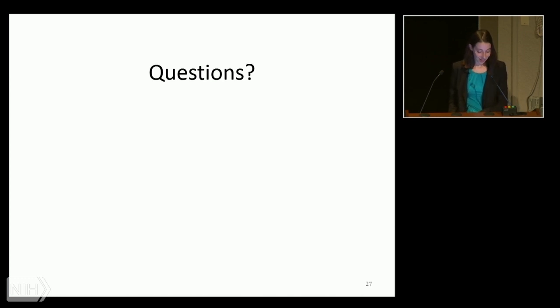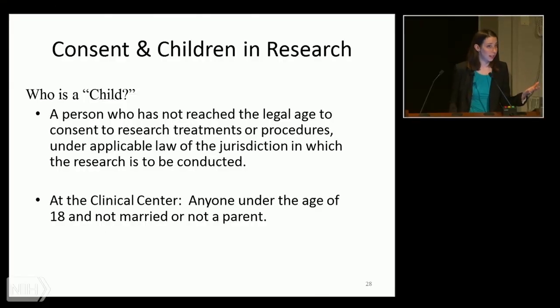Okay. So now we're going to talk about children and their participation in research. A child is a person who hasn't reached legal age to consent. So a child is defined by the research regulations as a person who has not reached the legal age to consent to the research, treatments, or procedure under the applicable law of the jurisdiction in which the research is to be conducted. Different states have different laws.